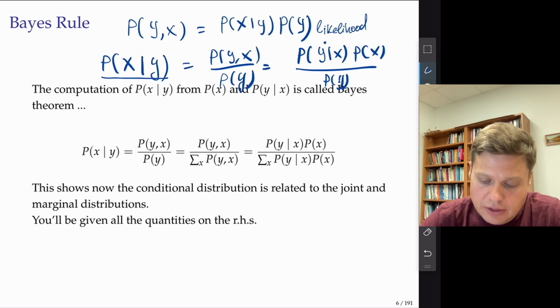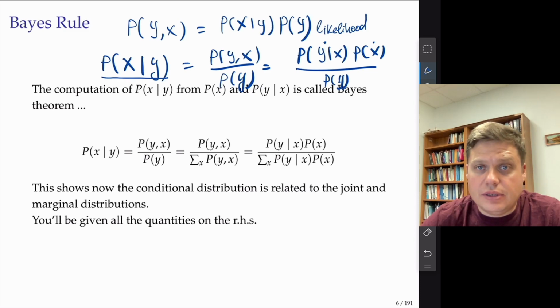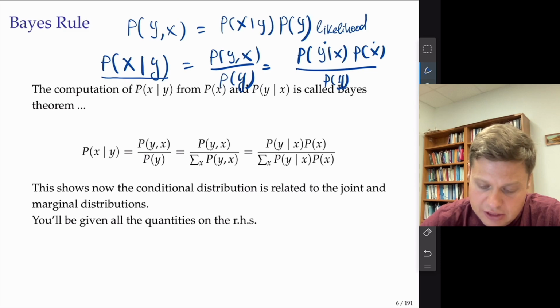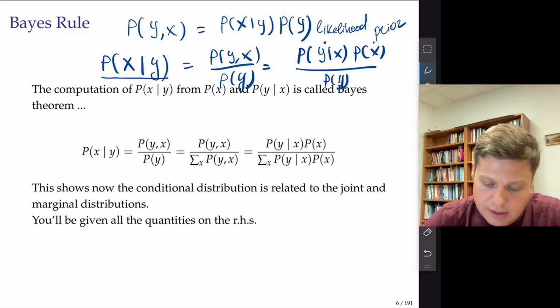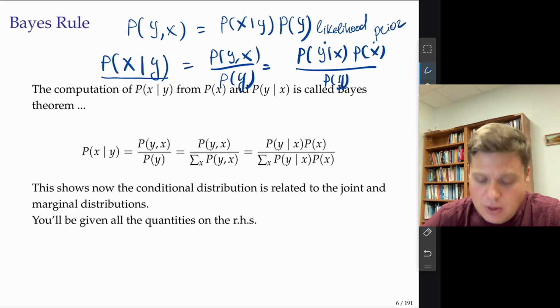The second value is p of x. So that's the marginal over x. And this one is called prior. And the bottom one, marginal over y, is called marginal.